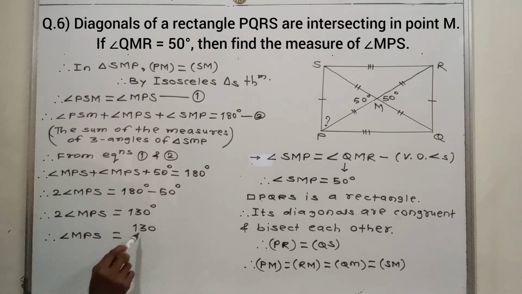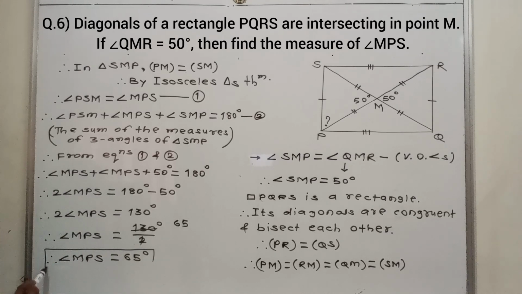Becomes divisor. 130 degree upon 2. Therefore, measure of angle MPS is equal to 65 degree. 2 6 12 and 2 5 10. Did you get it? Therefore, measure of angle MPS is 65 degree.